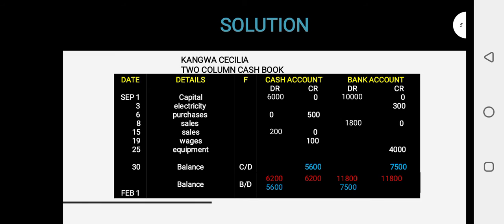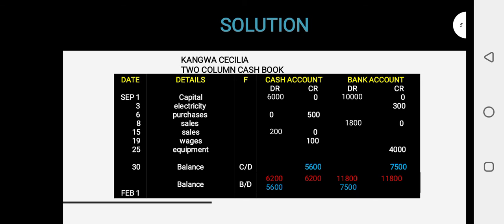5,600. So when you get your 5,600, you call this your balance carried down, which is in the folio column. Balance carried down is how much? 5,600.